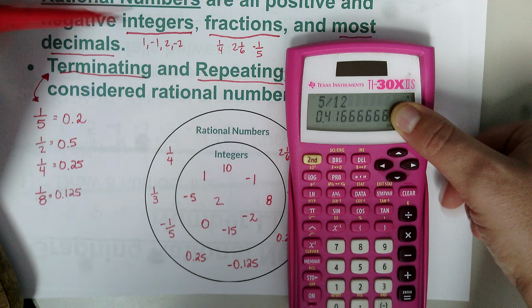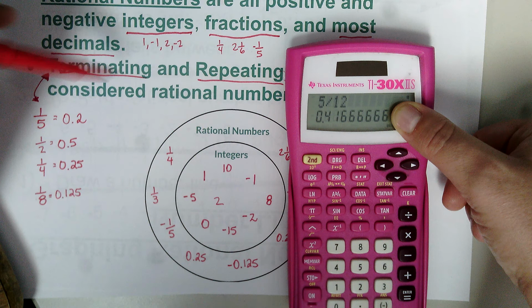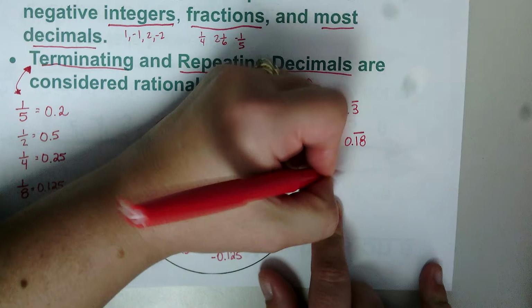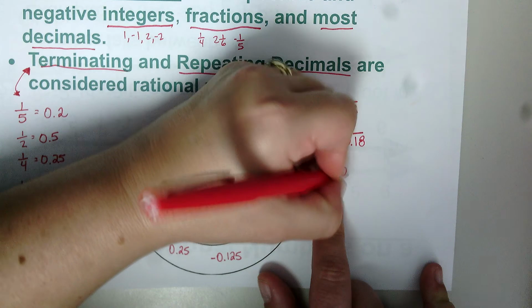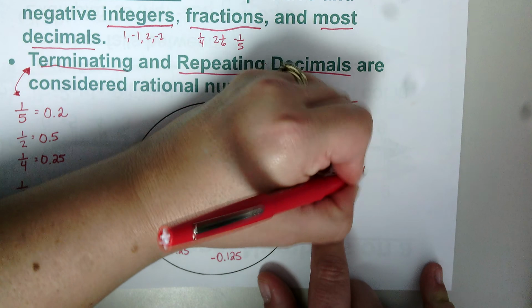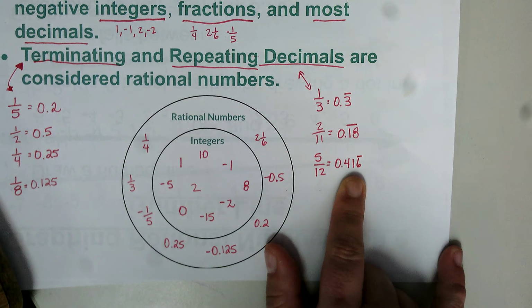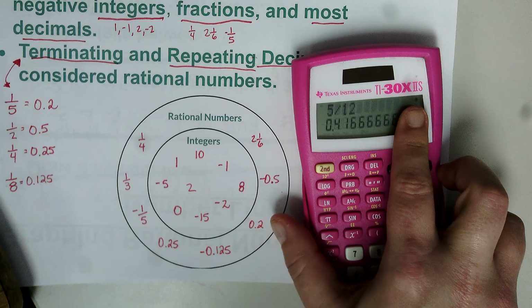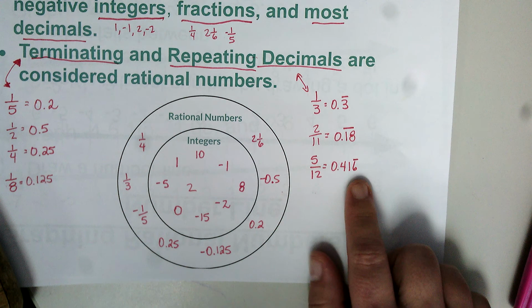So this technically is considered a rational number too, because it is a decimal that has a repeating pattern. So here 5 over 12 would be 0.416. Now this one, you only put the repeating sign over the 6 because the 6 is the only thing that repeats. If you look at the calculator, the 4 and the 1 do not repeat, just the 6. So you make sure that you just put the repeating bar over the 6.